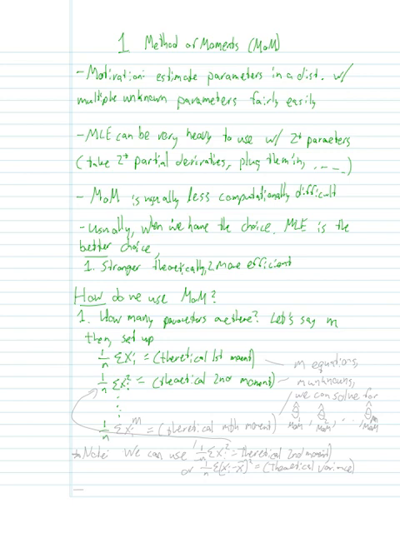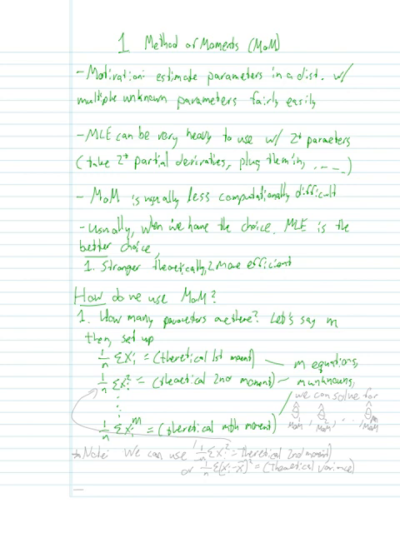And we can do that m times, because we have m parameters. We have 1 over n sum of xi to the mth power is equal to the theoretical mth moment. Right?